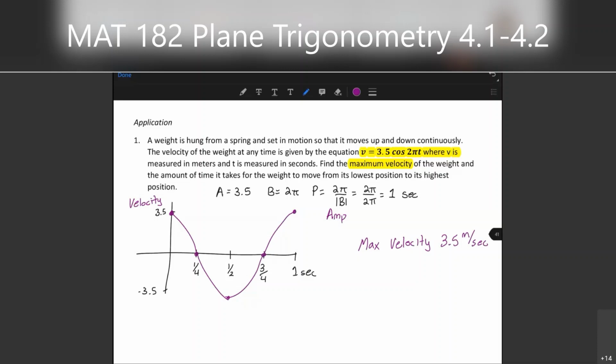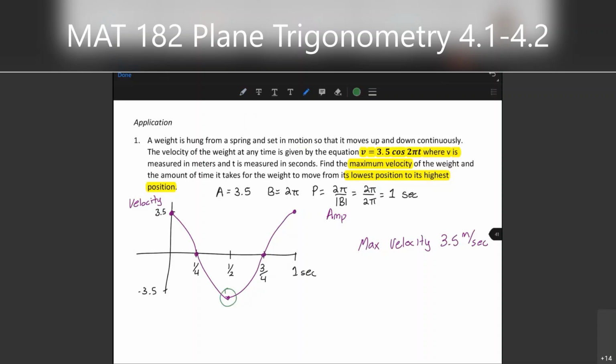And how much time does it take for the weight to move from its lowest to its highest position? So from the lowest to its highest position. Well, this is its lowest position.